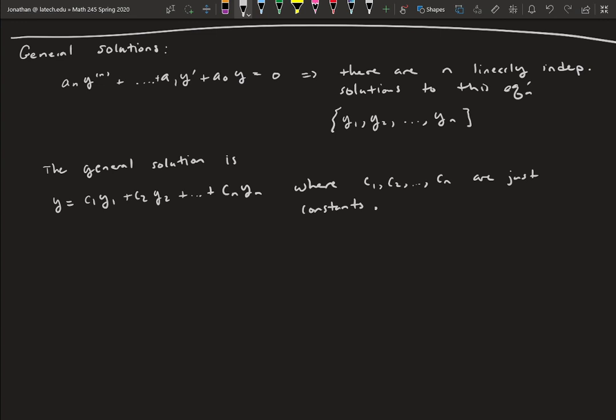So that's your general solution to the homogeneous, nth order linear differential equation.